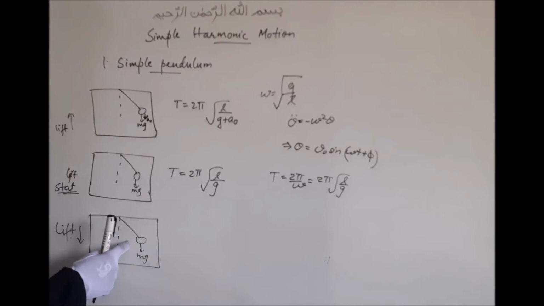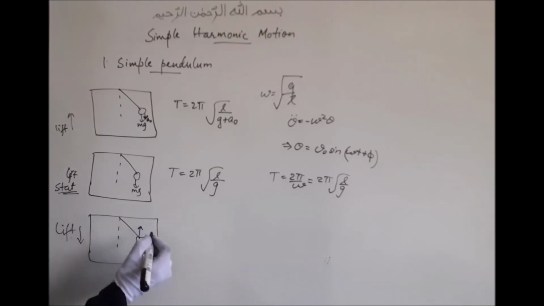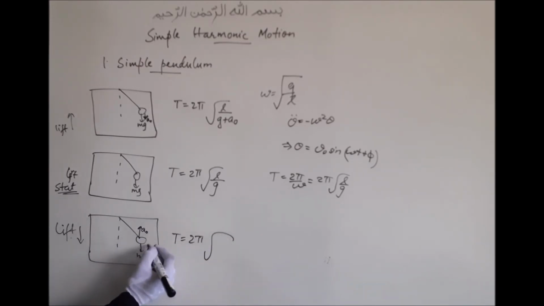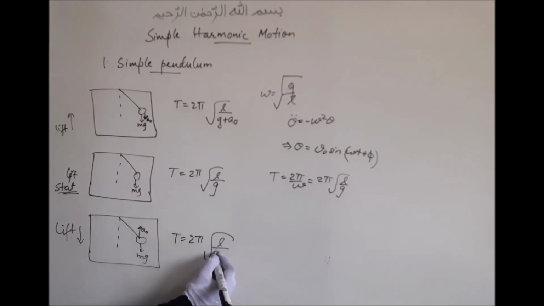The force that the bob is going to feel is going to be upwards with that certain acceleration a naught. So here time period T will be 2 pi root of L by, the angle between them is 180 degrees, it will be G minus a naught. I hope this is clear.